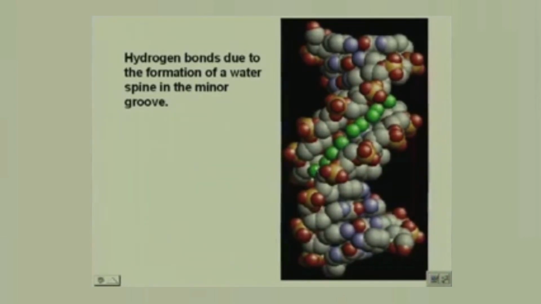Okay? The water spine that follows through the minor groove. So we have a spiraling water spine that goes through the minor groove of DNA. Okay? The major groove actually is probably too large for this water molecule to sit in there, and this is a part that is also interacting with the other compounds and the other DNA protein interactions that occur.